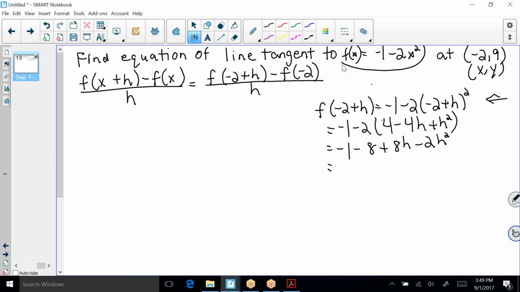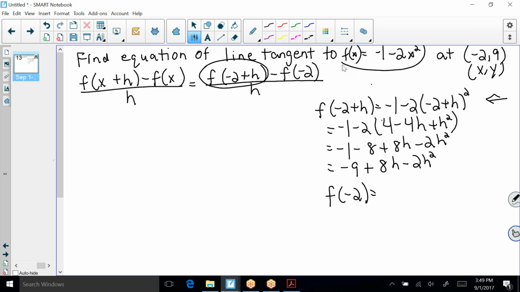And that's going to be equal to negative 1 minus 8 is minus 9 plus 8h minus 2h squared. So that takes care of the first part over here, this f of negative 2 plus h. So let's do the second part and let's find f of negative 2.